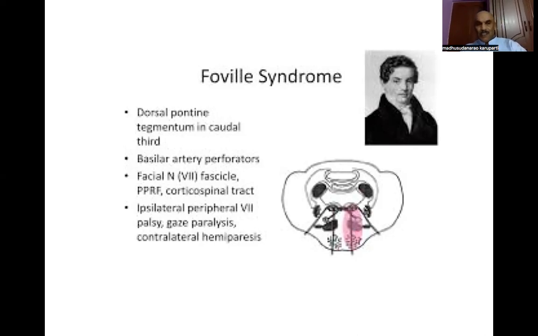It is characterized by ipsilateral facial nerve palsy, ipsilateral horizontal gaze paralysis, and contralateral hemiplegia. So these are the features of Foville syndrome. Sometimes the lesion could be a little more extensive, resulting in ipsilateral Horner syndrome. So this is the picture showing the lesion in Foville syndrome.